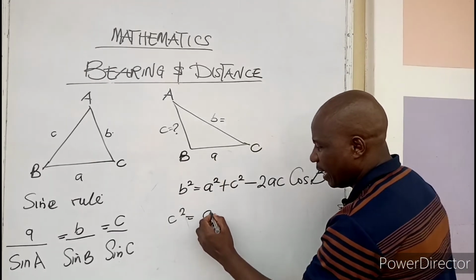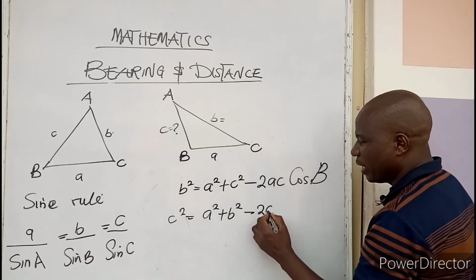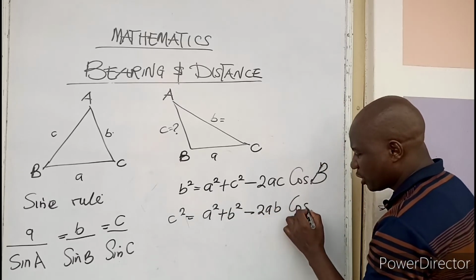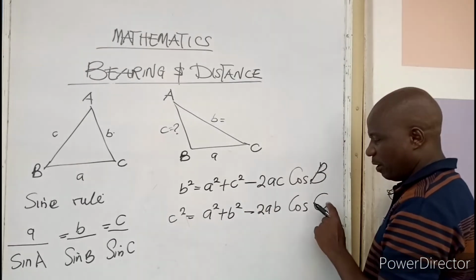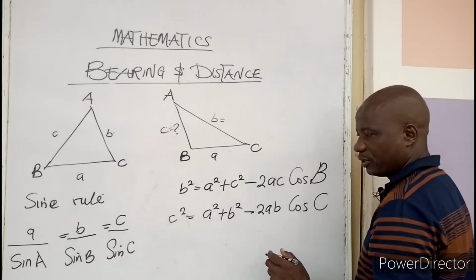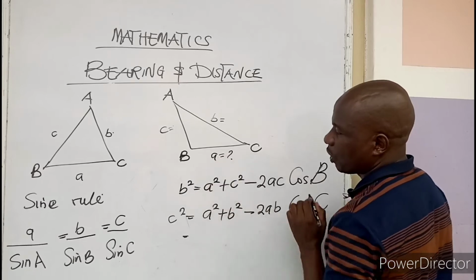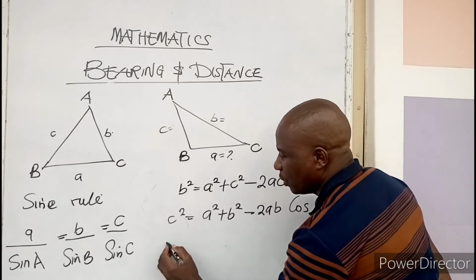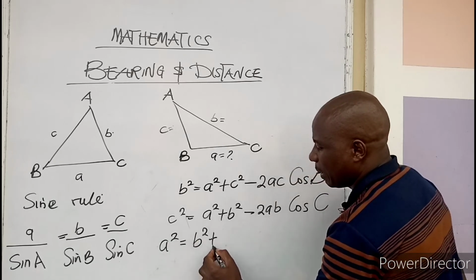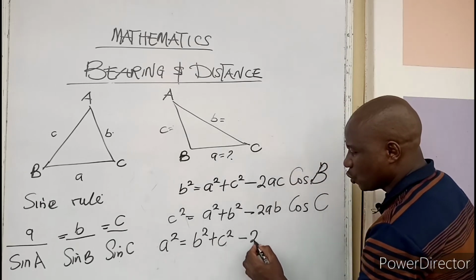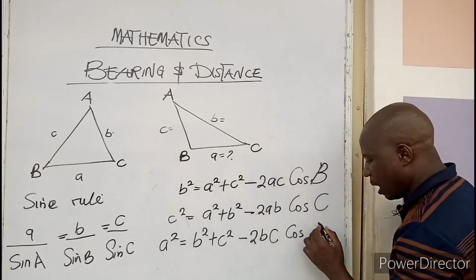That is a squared plus b squared minus 2ab cos C. The angle has to be the corresponding value of C. Now, if you are looking for side a, we now have a squared is equal to b squared plus c squared minus 2bc cos of angle A.